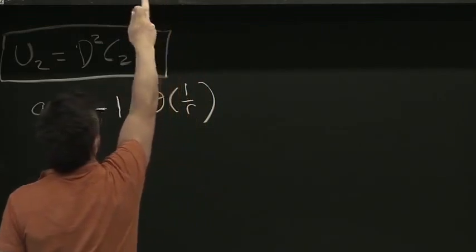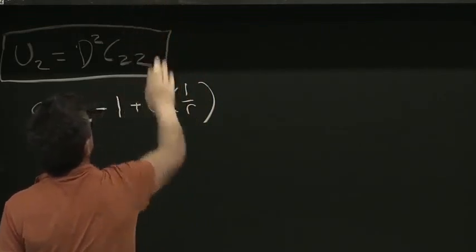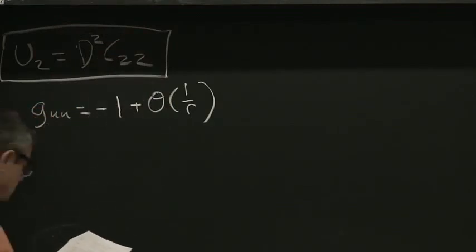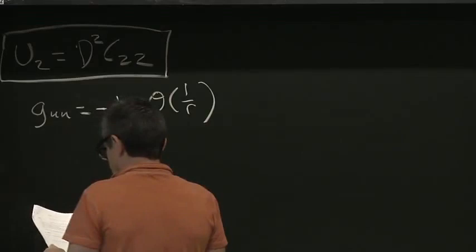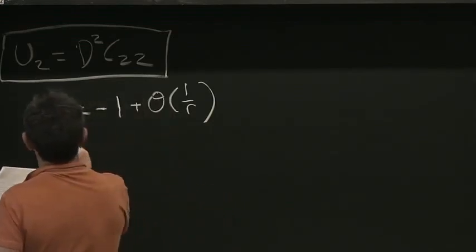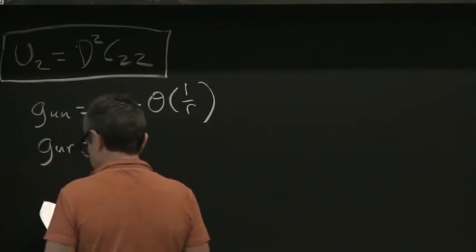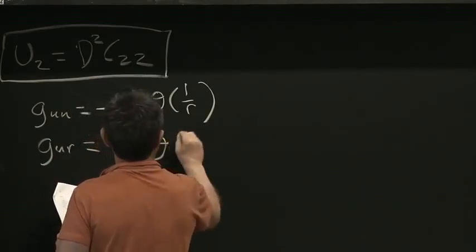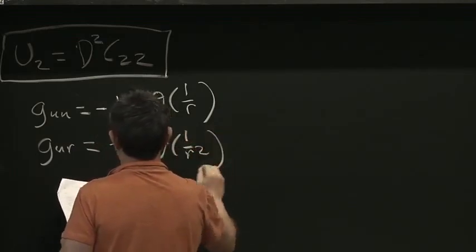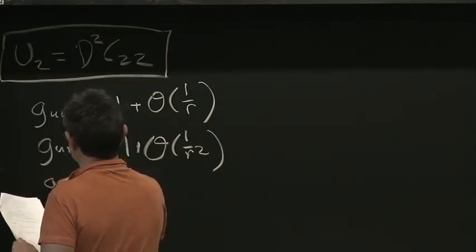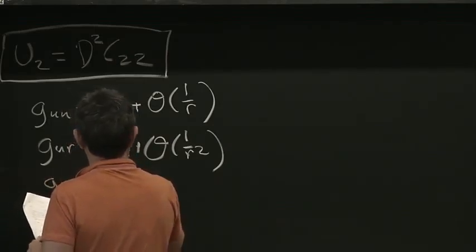That is, it's this Minkowski value plus a 1 over r correction, which we're characterizing by the Bondi mass m_B over r. And then g_ur is equal to minus 1 plus order 1 over r squared. g_uz is order 1. That's the U_z.